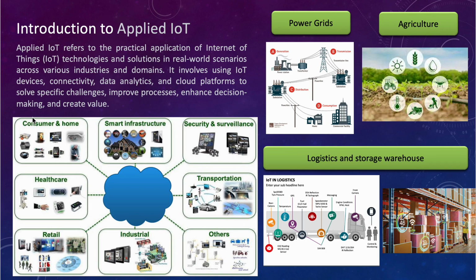So, consumer and homes. This would be something that even you will be familiar with. We have everything starting from security cameras to our homes, to our smart fridge, smartphone, wearables including your smart watch, smart lights. We talked about them.